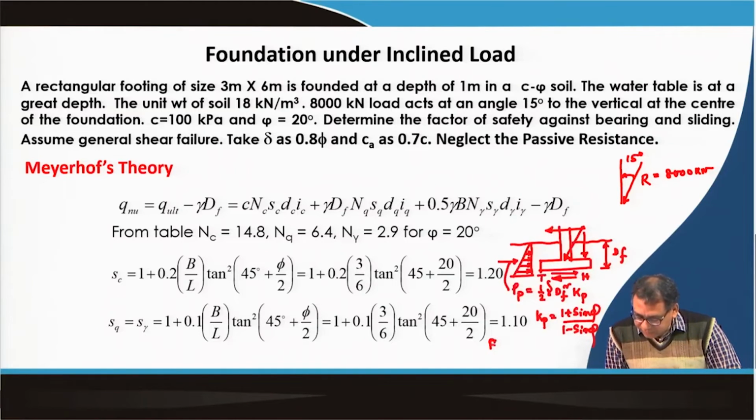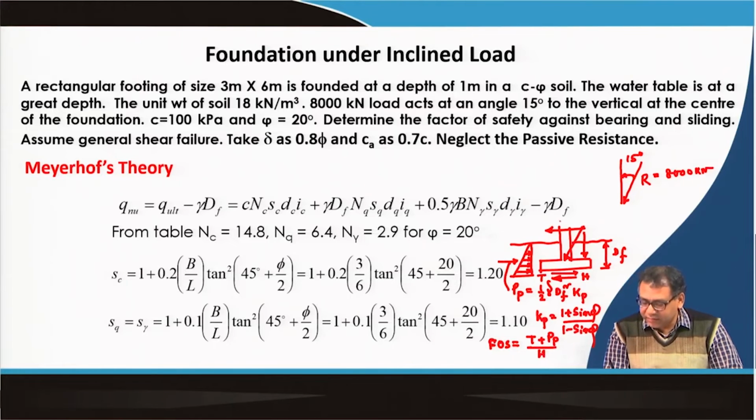So, the factor of safety will be equal to (T plus P_p) divided by H. H is the horizontal component of the load and V is the vertical component of the load. R is the resultant here, which is 8000 kilonewton. Clear?